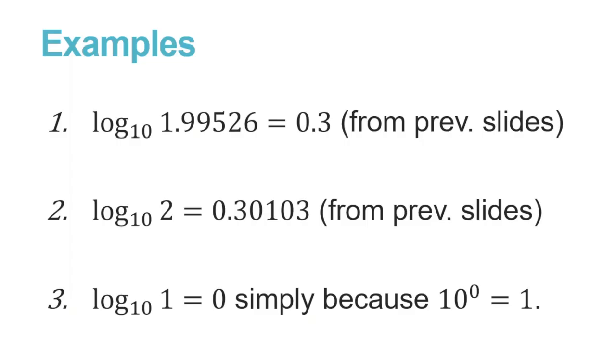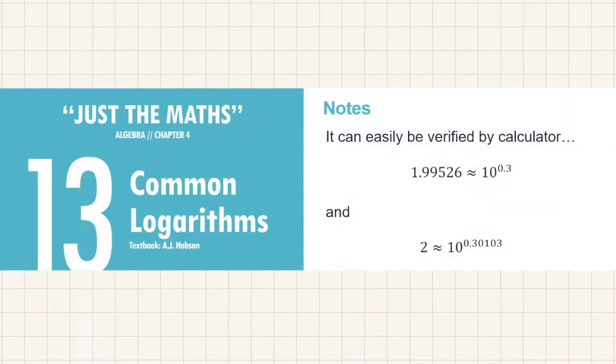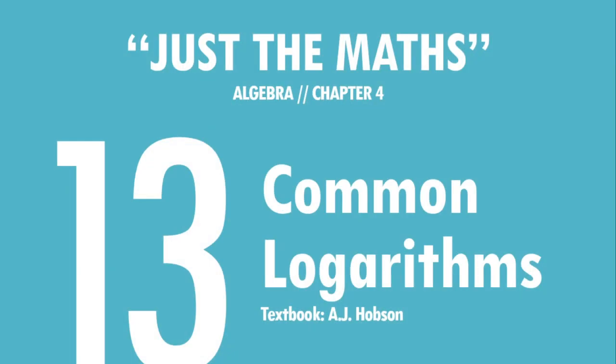Keep in mind, if you have 1 beside the base, any base, like log base 2 of 1, that's always equal to 0, because any base raised to the 0 is 1. It's not a very hard topic. If we study it, you have no problems with it, right?